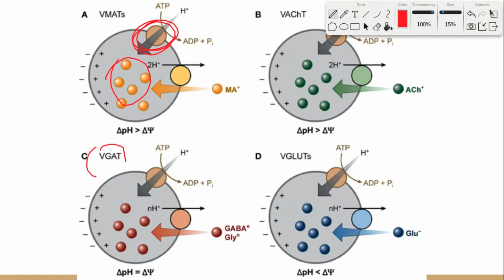Right? VGAT is only going to be found in GABAergic synapses. Or if you're looking for excitatory synapses, you'd use an antibody towards VGLUT1 or VGLUT2, if you're looking at specific subtypes of glutamatergic synapses.